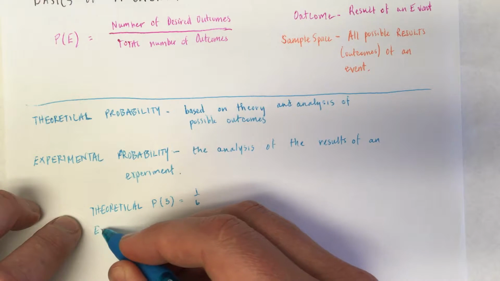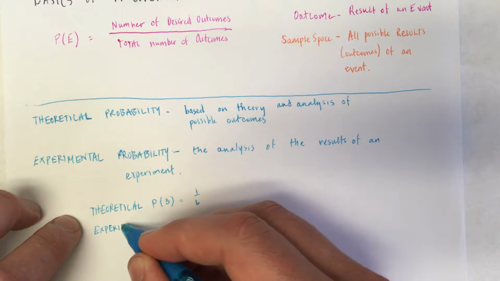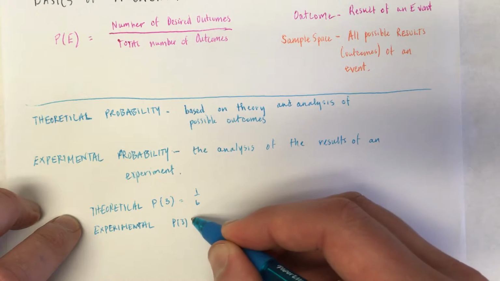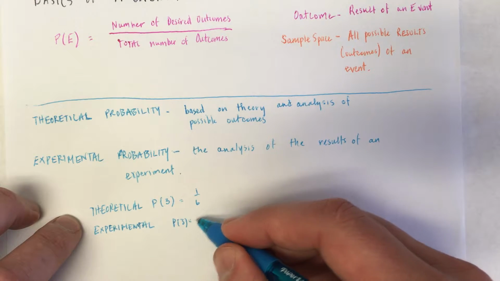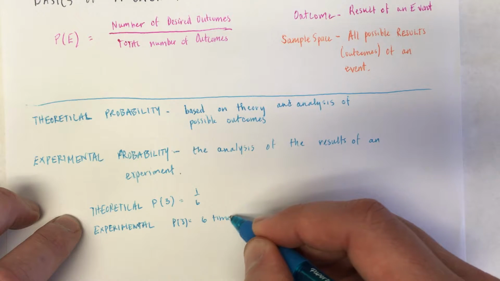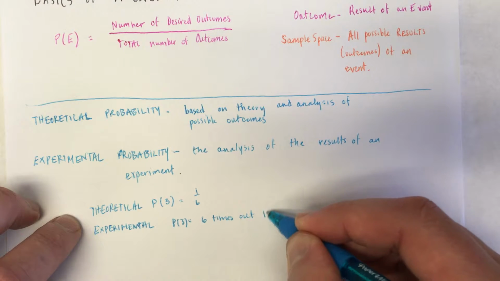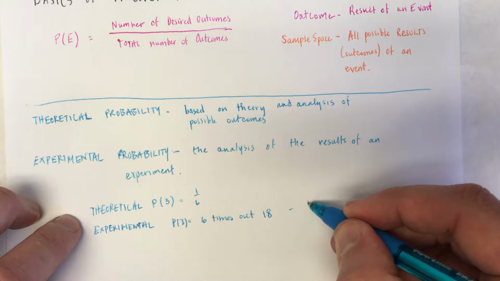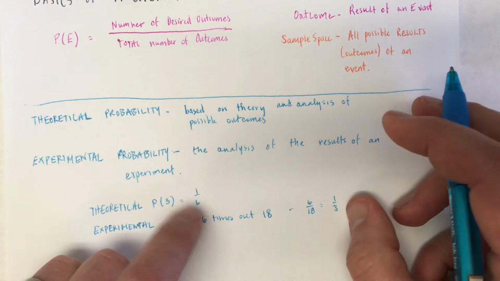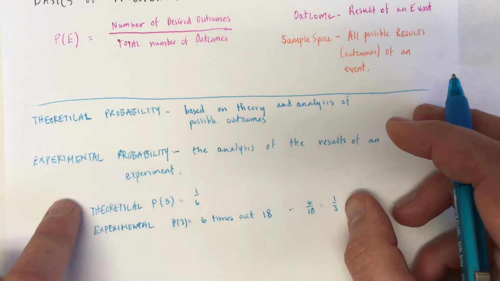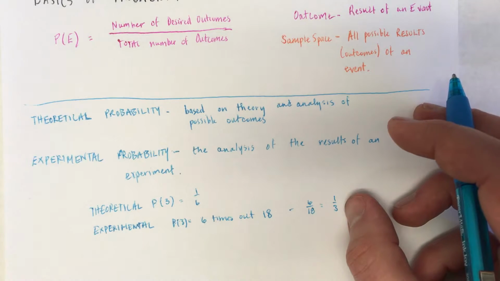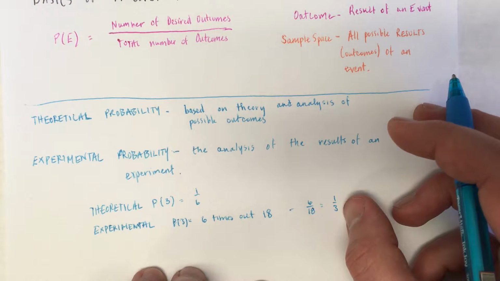But the experimental probability may show that I rolled a 3 six times out of 18, which would be 6/18, which is 1/3. And so these numbers don't always match up. Again, experimental is me actually performing the act. Theoretical is the abstract theory and analysis of those. Okay?